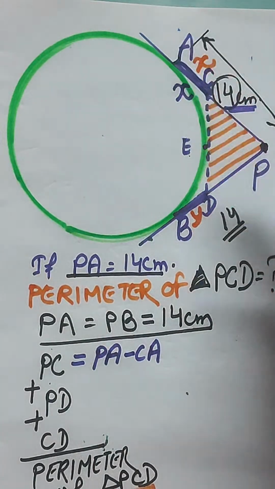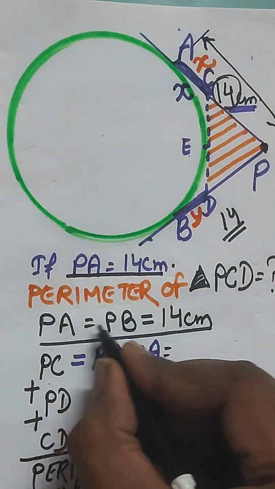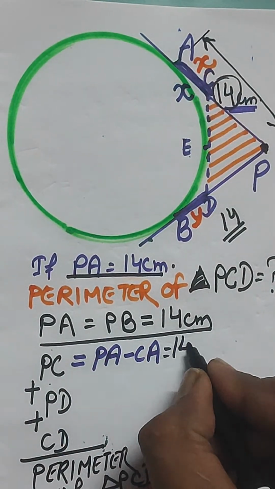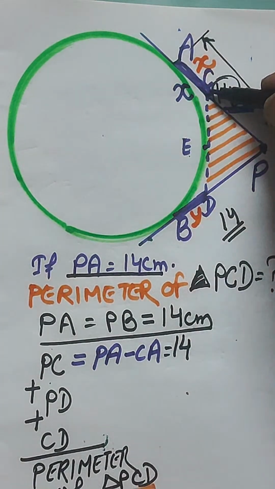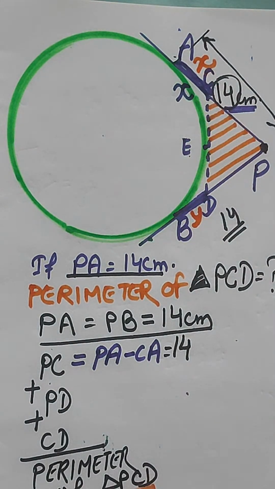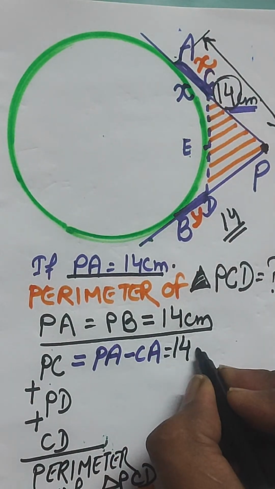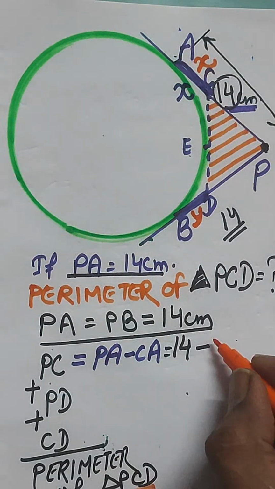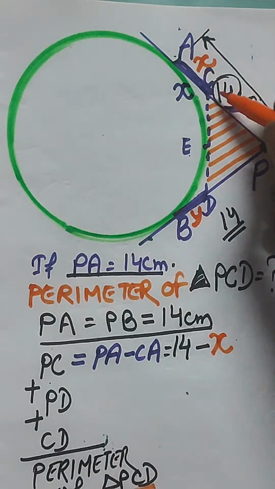If PA is 14, and CA we have assumed as equal to x, then just put the value of x subtracted from 14, and you get the length of PC.